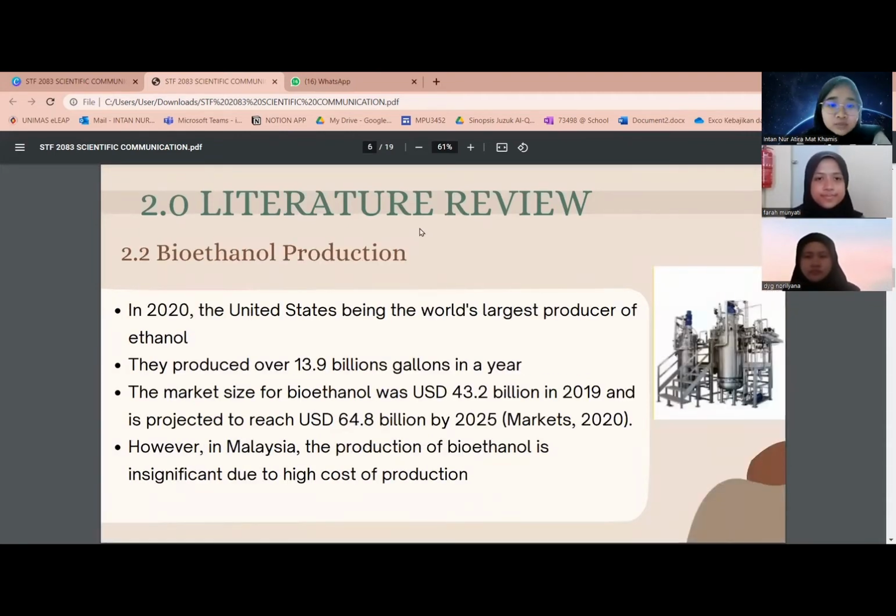So for bioethanol production, in 2020, the United States produced over 13.9 billion gallons in a year, and the market size for bioethanol is projected to reach USD 64.8 billion by the year of 2025. However, in Malaysia, the production of bioethanol is insignificant due to high cost of production.